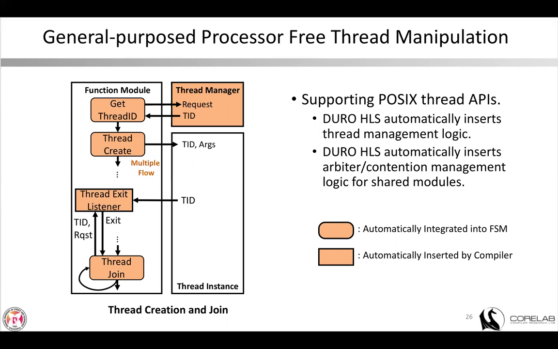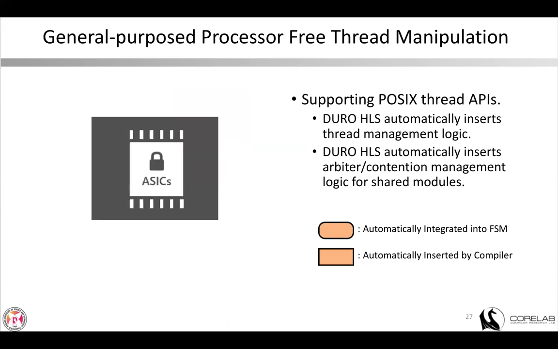So DuroHS automatically inserts arbiter and contention management logic for shared modules. Since DuroHS does not use a soft processor and automatically inserts management logic, hardware design area can be reduced.